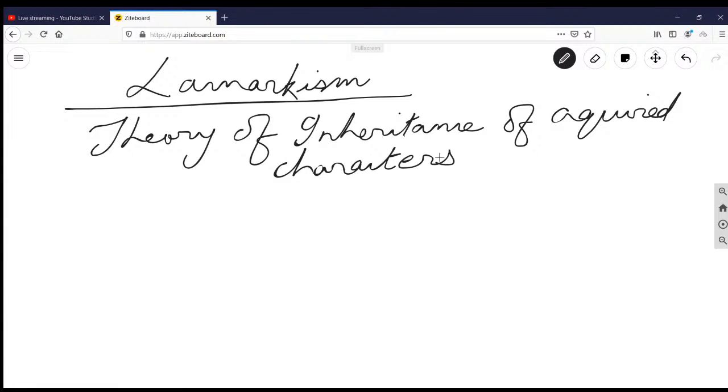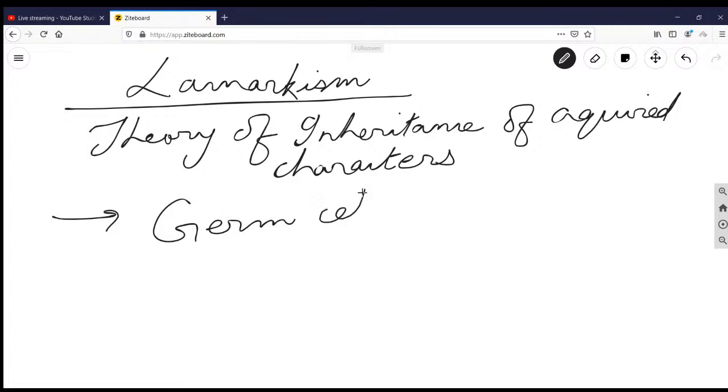That rat would invariably have a tail. So is it inheriting the acquired character? No, it is impossible unless you have variation in the sex chromosome. And not only the sex chromosome, you can have variation in any chromosome, but the variations should be present in the germ cells. That is the thing.